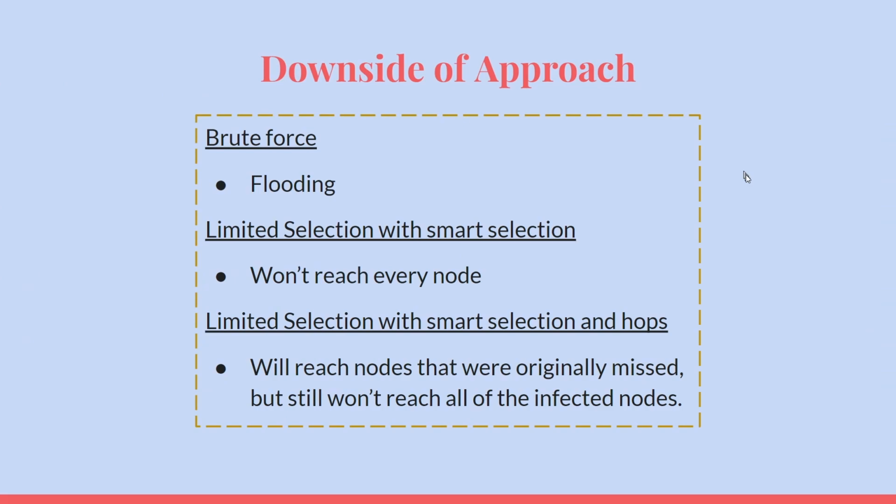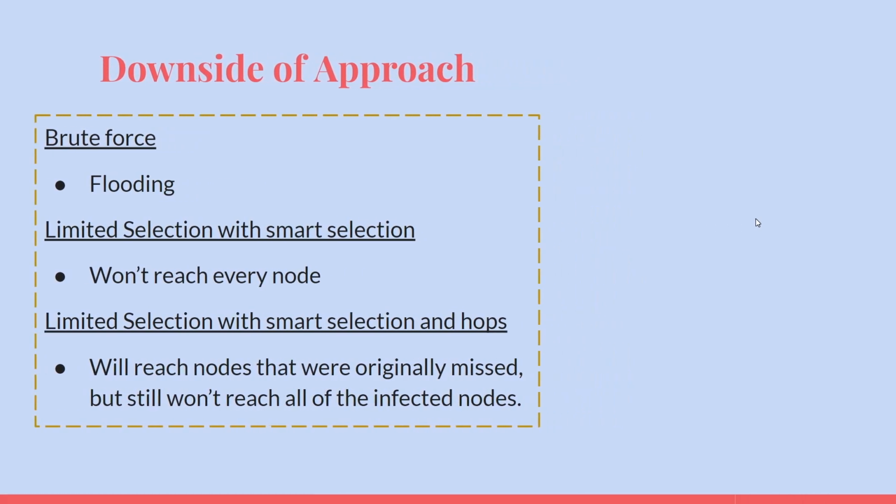It's an improvement over the second method since we can implement a hop counter, and this will help us reach nodes that were initially missed and will prevent severe system flooding. But there needs to be further research done to see what the hop counter should be, since if it is very low, not every node can be reached, but if it's very high, then we run into the same problem as brute force with flooding.